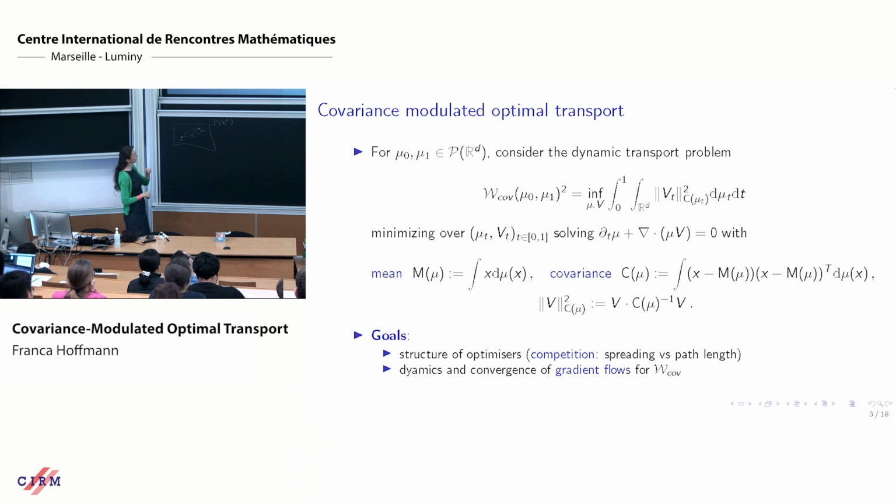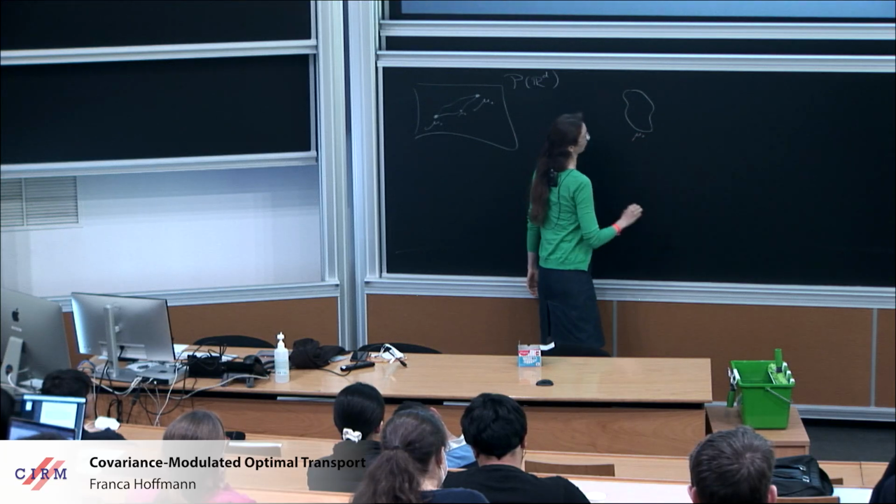And so there's something really interesting that happens here if you try to understand the geodesics or the optimizers of this. In particular, there's a kind of competition going on between a spreading effect and moving mass around. So let's say I have my distribution mu0 that looks something like that.